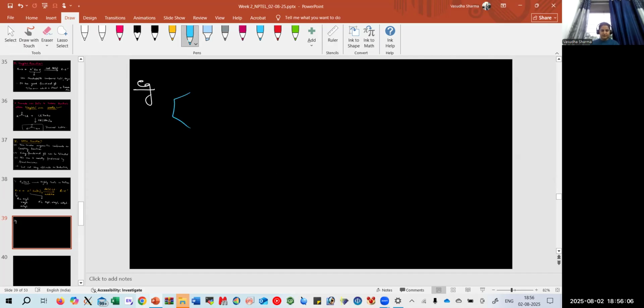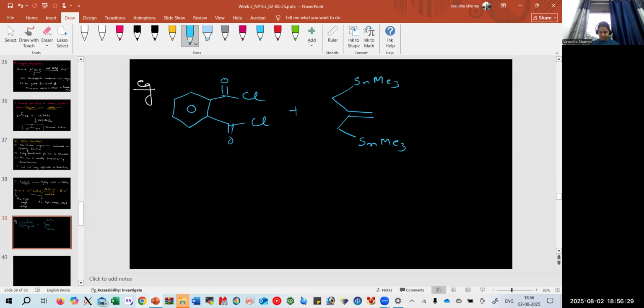We have an acid chloride, and it will react with the SnMe3 compound in the presence of a palladium 0 catalyst, THF solvent, and at room temperature.